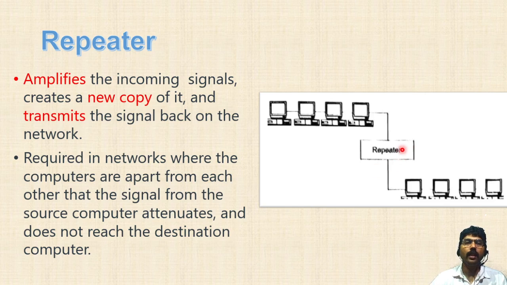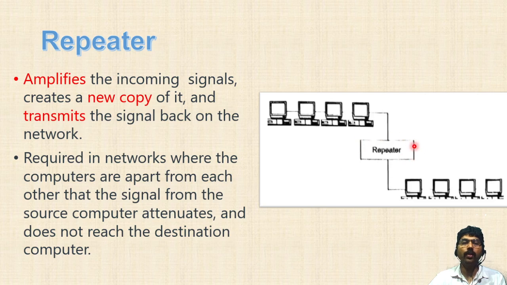The next component is the repeater. In the last class I told you about attenuation impairment. Attenuation impairment means whenever you send signals over a medium, its energy is continuously decreasing. For that we use amplifiers.